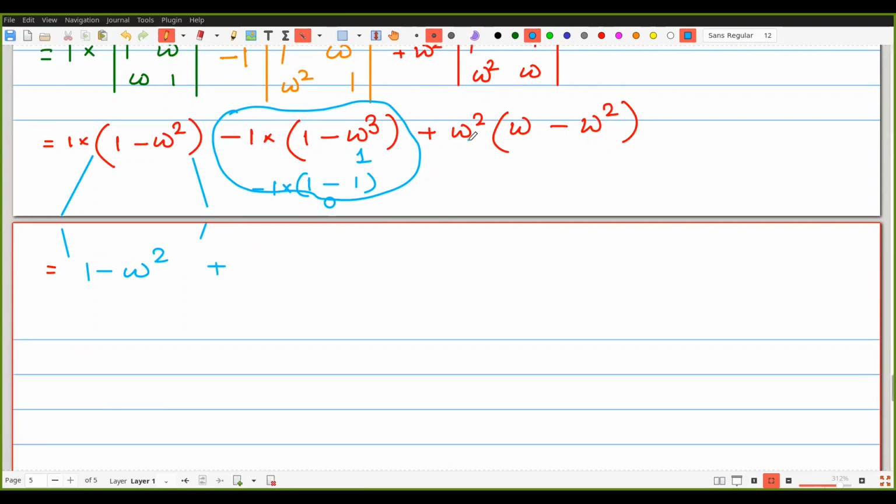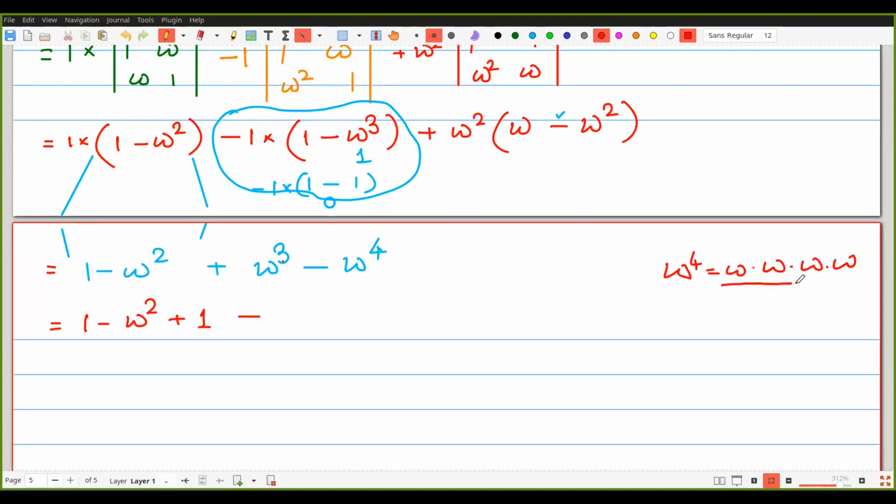Plus there is given omega square. So omega square into omega, that means omega cube, minus, as there is the minus, omega square into omega square, that becomes omega to the power 4. Again next one, 1 minus omega square, omega cube, that means 1, minus omega to the power 4, that means omega into omega into omega into omega, so omega cube into omega.